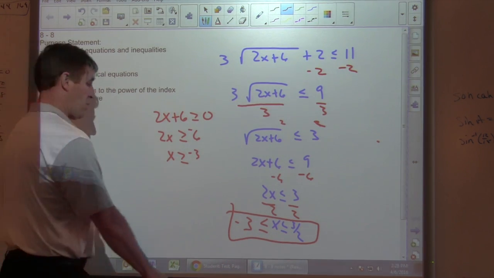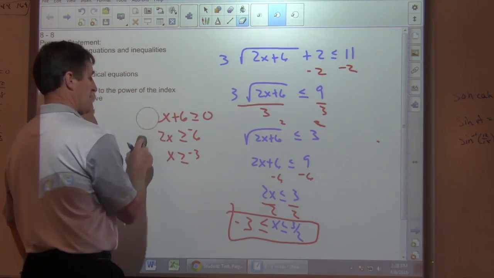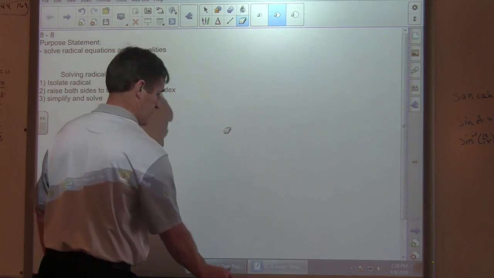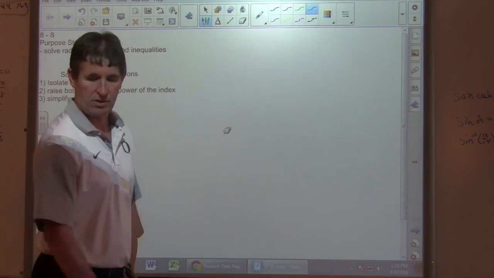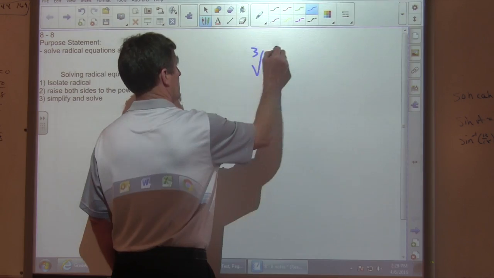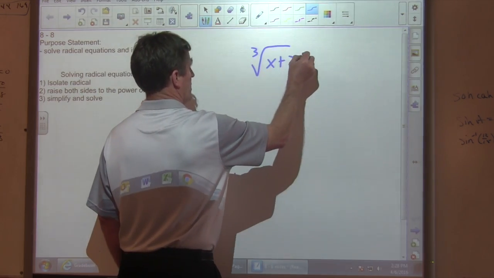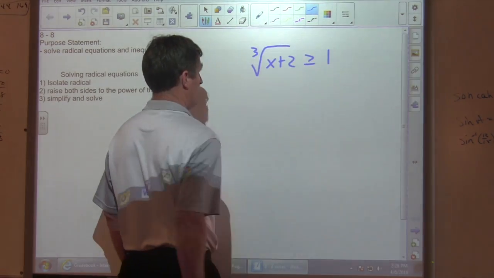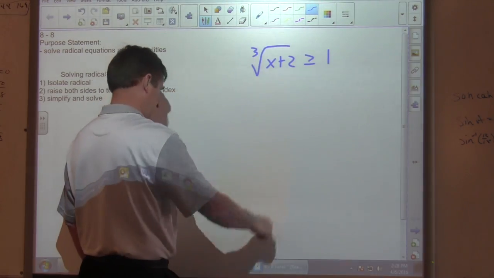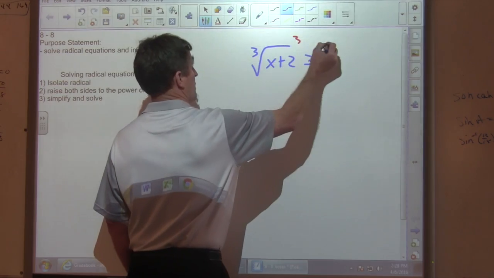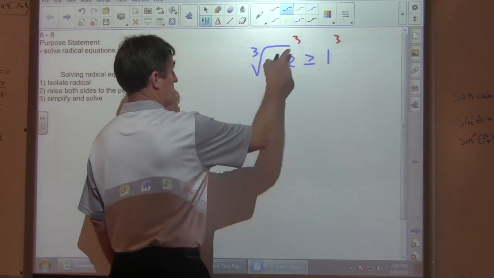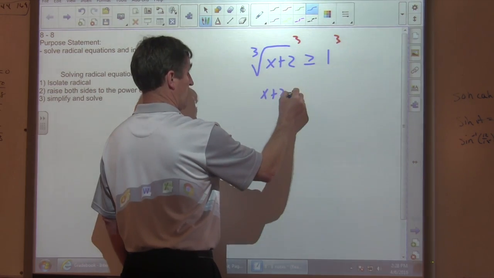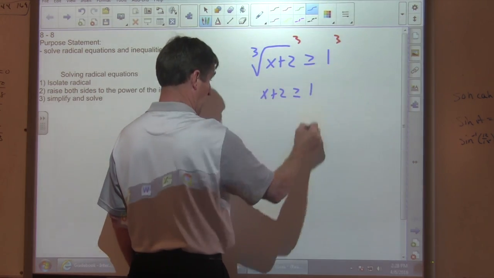The other type of inequality you could get, one last problem that I'll go over: the cube root of x plus 2 is greater than or equal to 1. So it's isolated. We cube both sides. So this cancels. We get x plus 2 is greater than or equal to 1 cubed, which is 1.